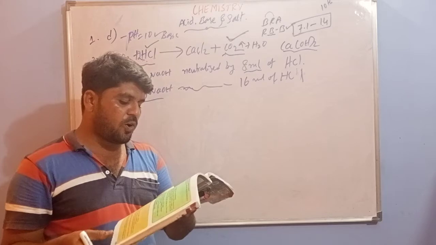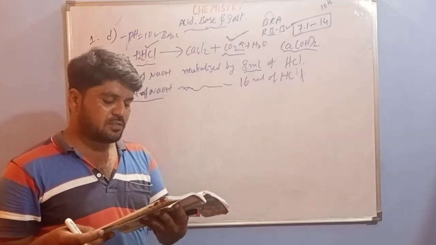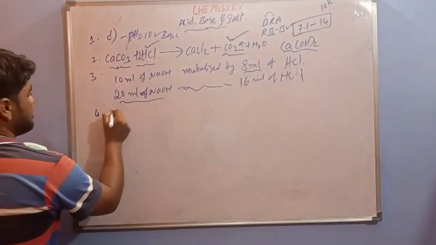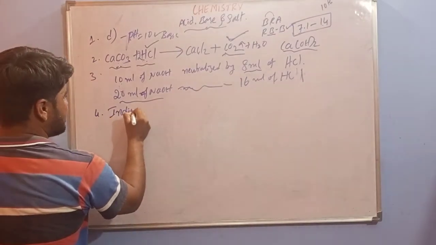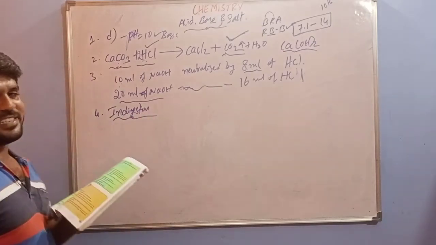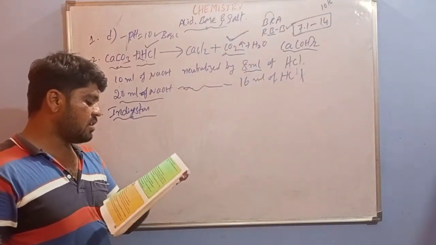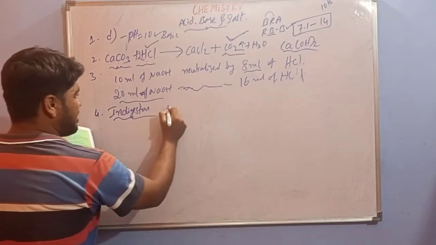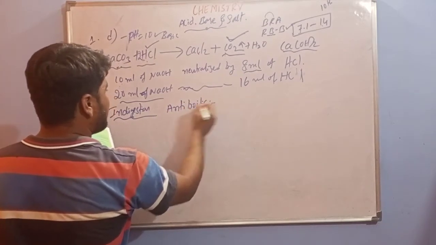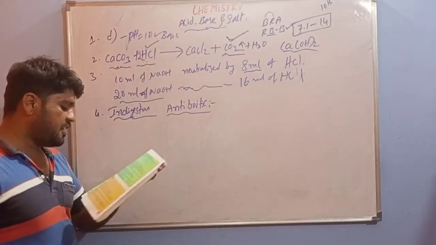Which one of the following types of medicines is used for treating indigestion? Indigestion is nothing but acidity. So we have some options. The first option is antibiotic. Do you know what is meant by antibiotics?